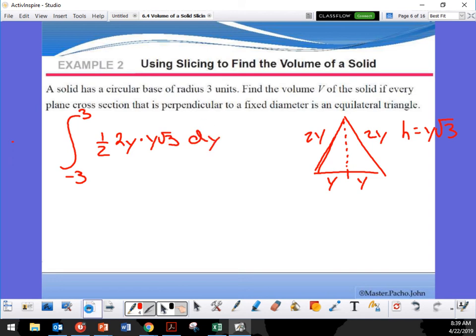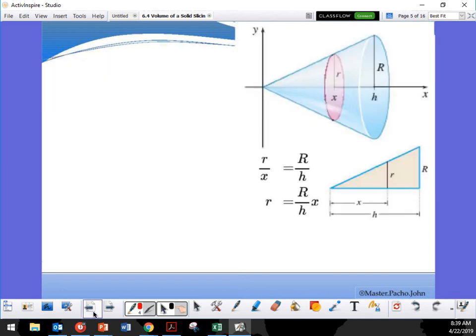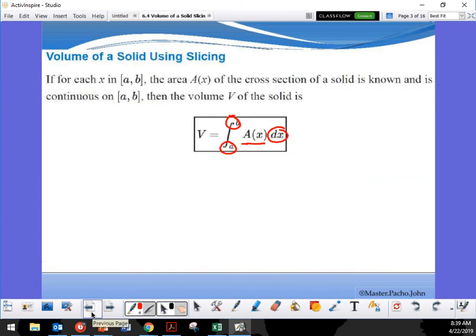Because from my formula, that's basically what I have: the area of my cross section, from here to here, and dy is going to be the thickness of that.